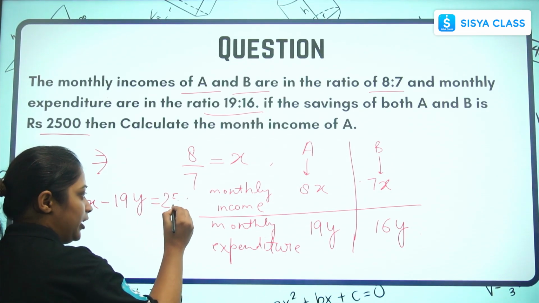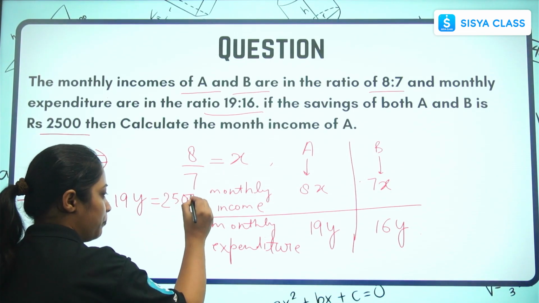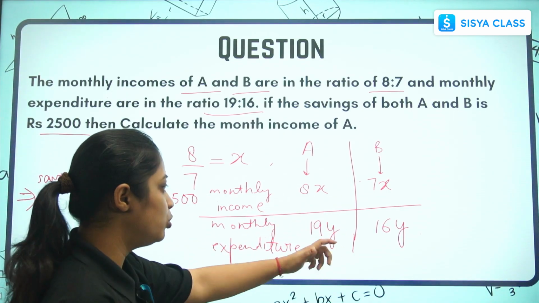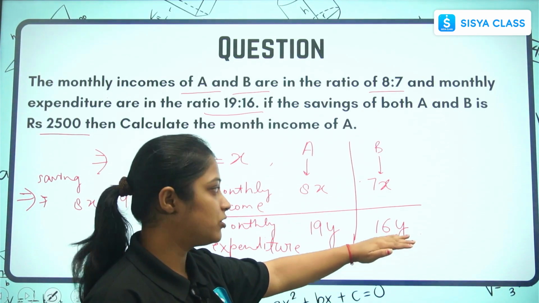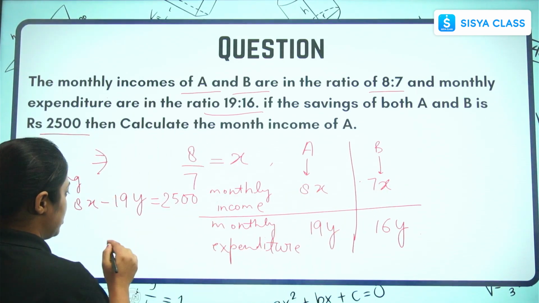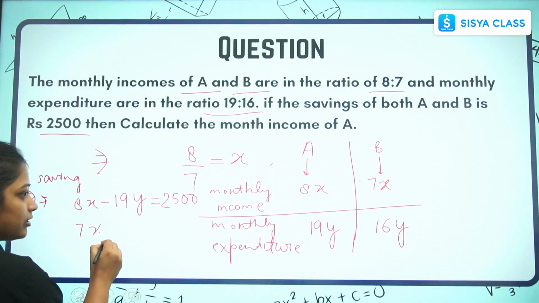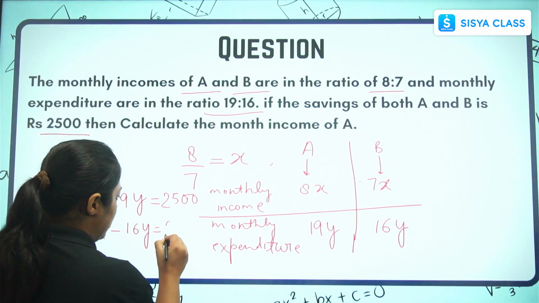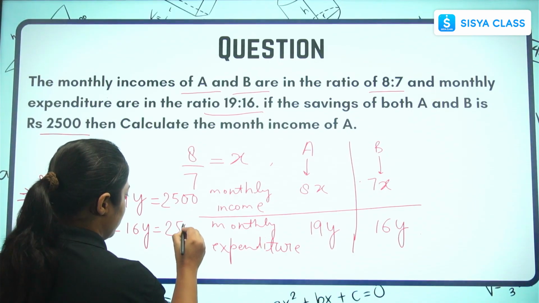Now again, if you calculate the saving of B, you will subtract monthly expenditure from monthly income. So it is 7x minus 16y, and again it is 2500.